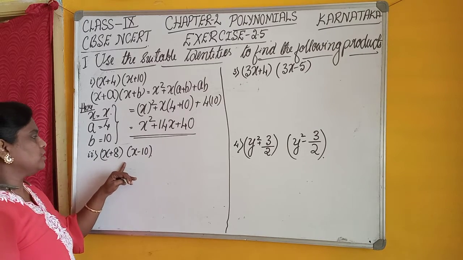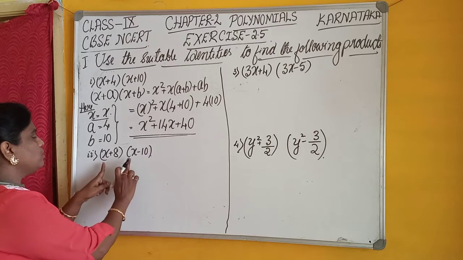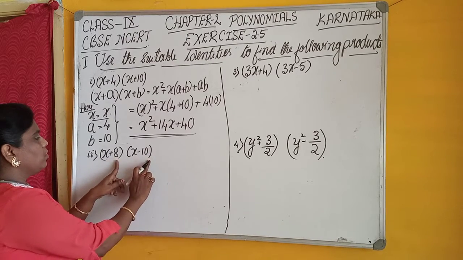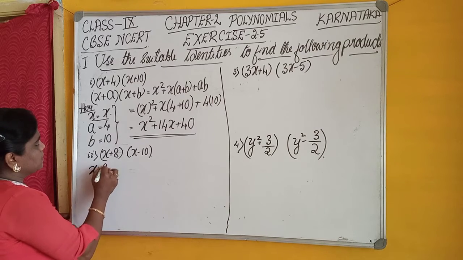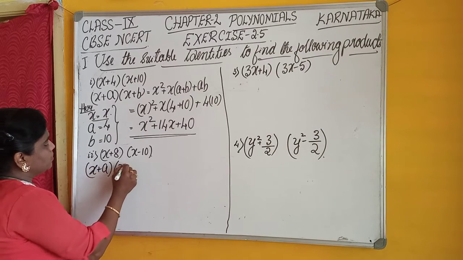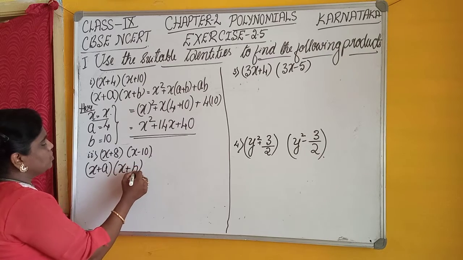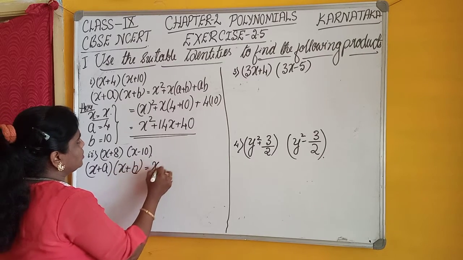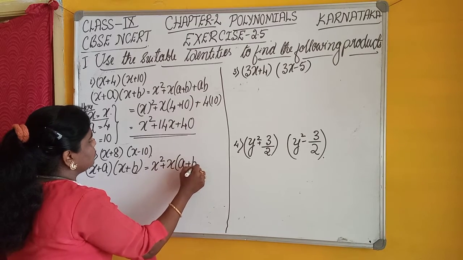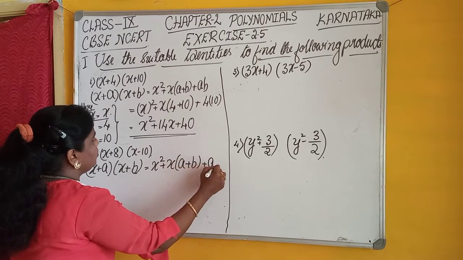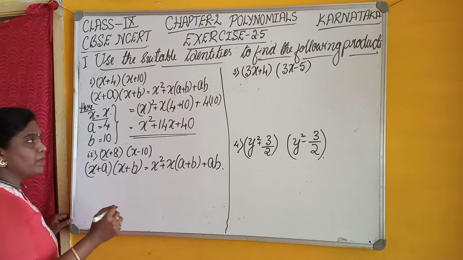x plus 8, x minus 10. Here also the first terms are the same and the second terms are different, therefore apply the same identity: (x plus a) into (x plus b) is equal to x square plus x into (a plus b) plus ab. Students should remember that.